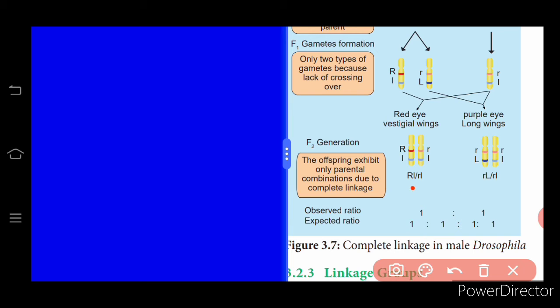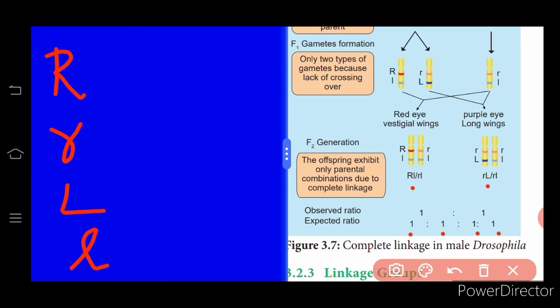See the observed ratio: you can see only the characters of red and vestigial, or purple and long, and there was no combination of the other four expected combinations. What are the characteristic features? Red eye, purple eye, long wing and small wing.